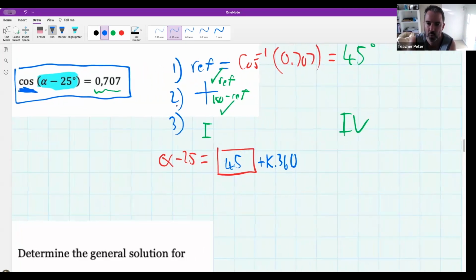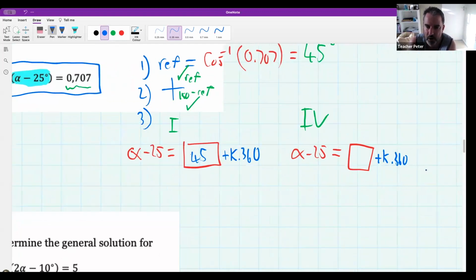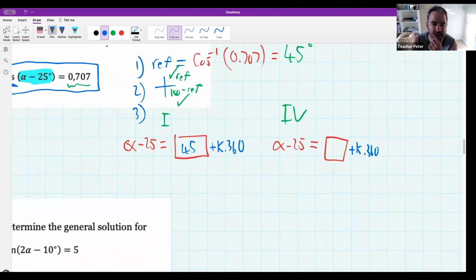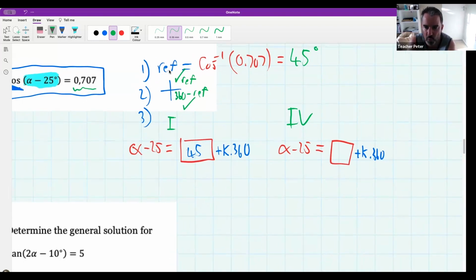Okay, now what about box number 2? We know we've got alpha minus 25 equals something. And to be honest, I'm going to put the k times 360 from the beginning here. What goes in box number 2? Oh, and my drawing made a mistake. That shouldn't be 180 minus. This should be 360 minus the reference angle. I'm giving it away, but watch out for silly mistakes like that, because I know cos is positive in quadrant 1 and 4.